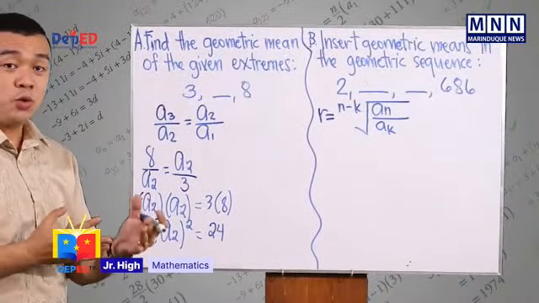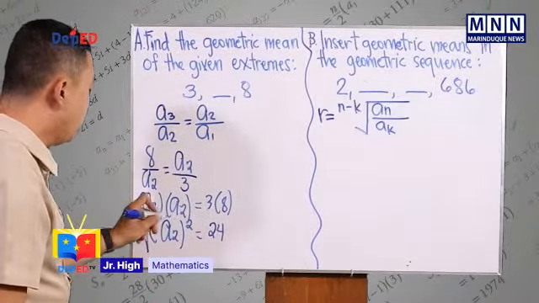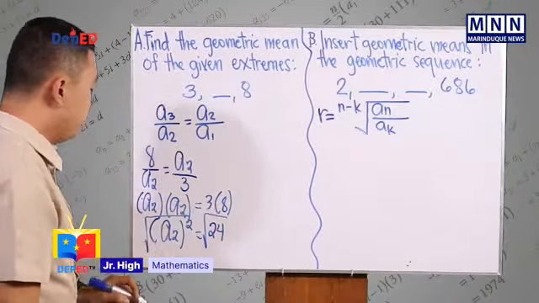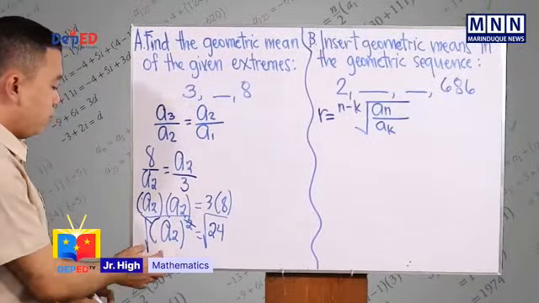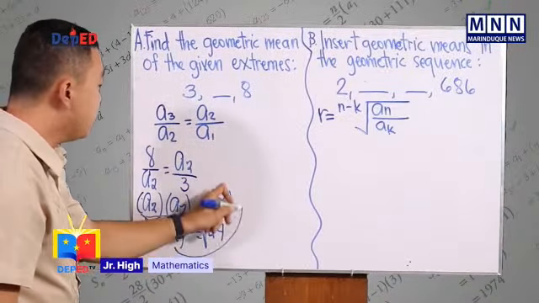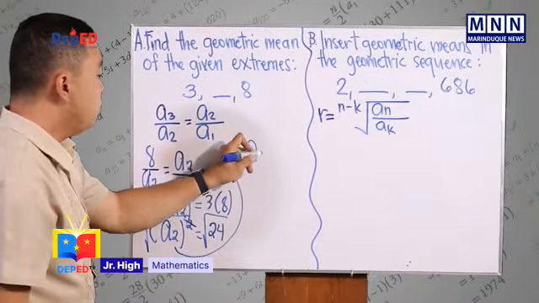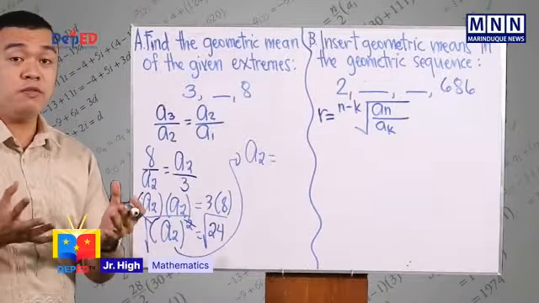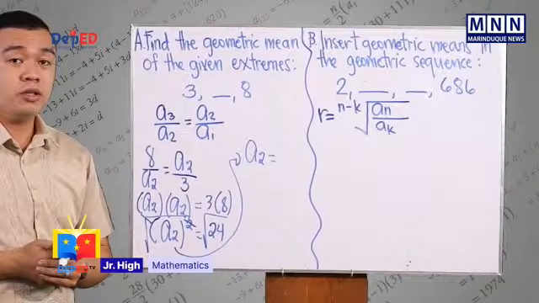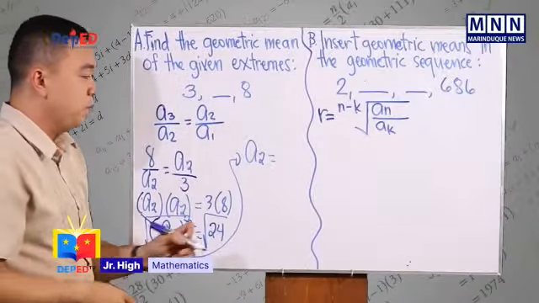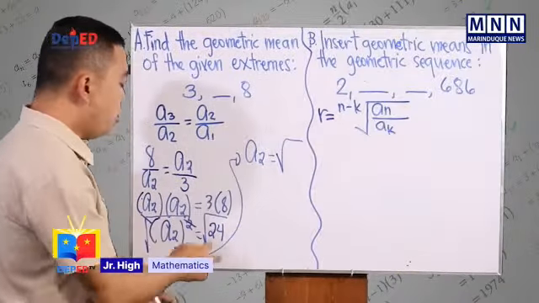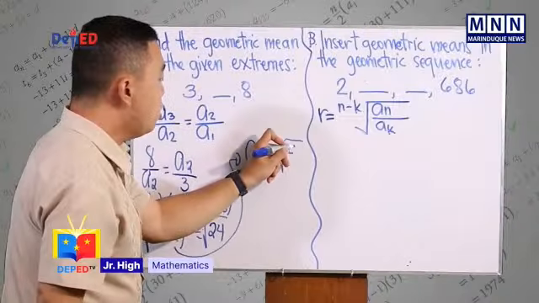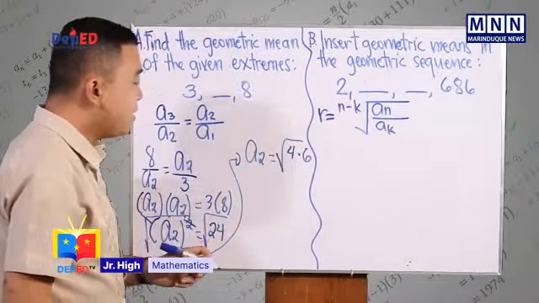Next, let's get the square root of both sides. What's left here is a sub 2. Notice that 24 is not a perfect square, so we will look for two factors of 24, which is 4 times 6.